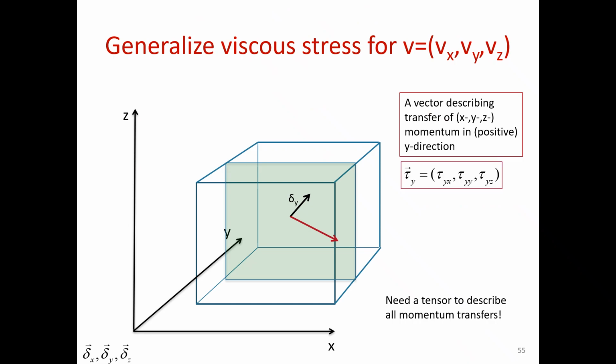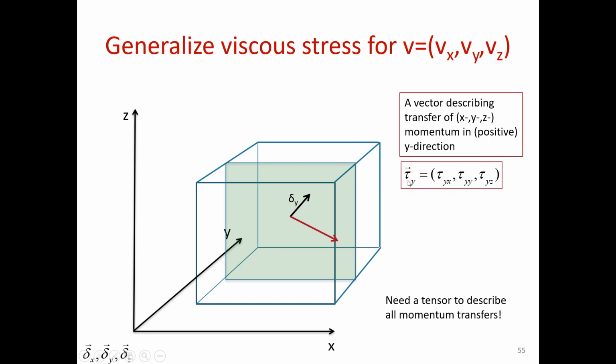So now instead of just tau yx, I used to have only x momentum, right? And my y and z velocities were zero, so nothing was transferring. So now I might have also y momentum transferring across y plane, and z momentum transferring across y plane. So the vector that describes all of that has three components.